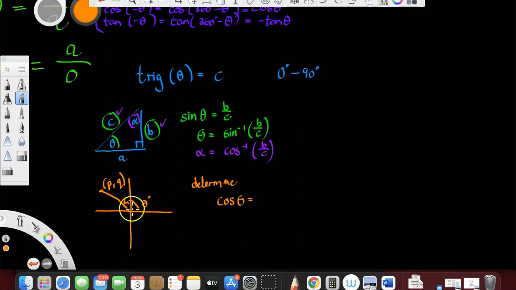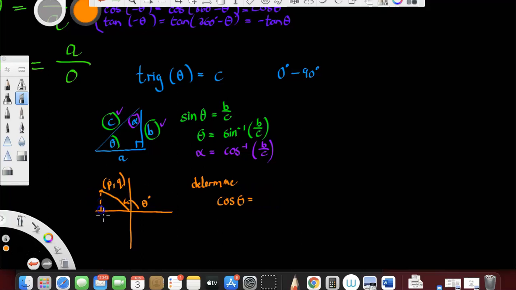So this is an angle between 0 and 360 on a Cartesian plane, and they ask you to determine the ratio of that angle.